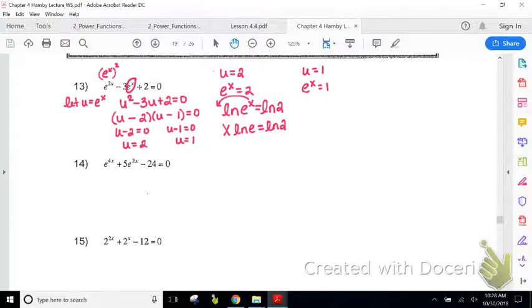And well, natural log of e is equal to what? 1. So we don't need it because x times 1 is just x. So x equals the natural log of 2.